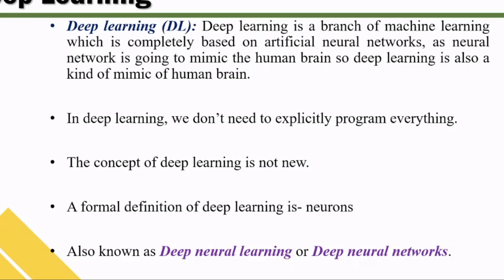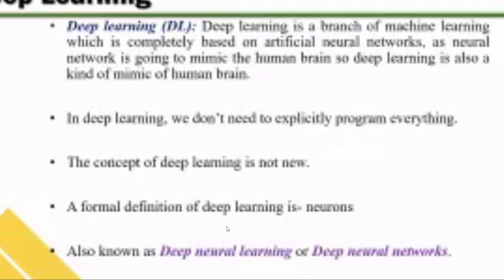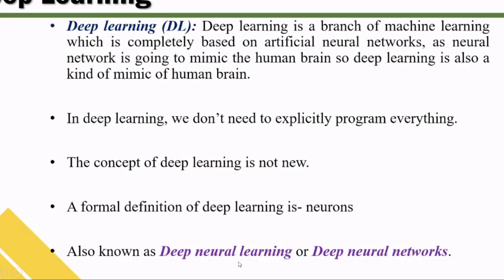Already mentioned, the word deep represents the number of hidden layers present in that particular deep learning model. Deep also represents the number of neurons among the layers. You can also call it deep neural learning or deep neural networks.